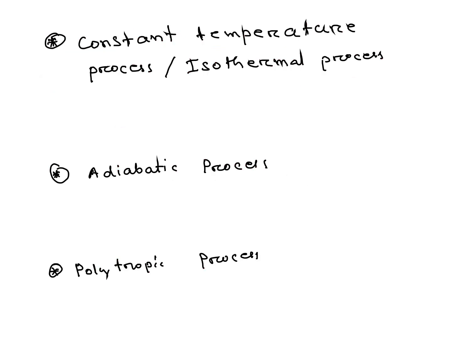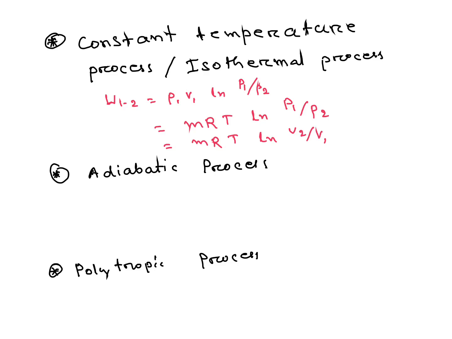Next, for constant temperature process or isothermal process, work done W12 equal to P1 V1 ln P1 by P2, or MRT ln P1 by P2, or we can write MRT ln V2 by V1.